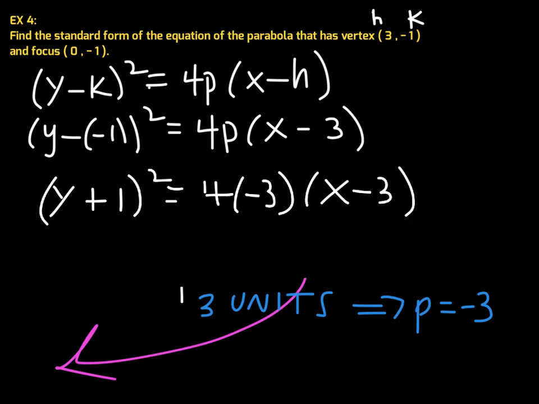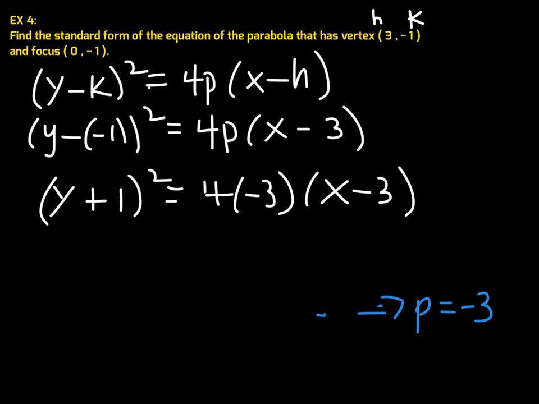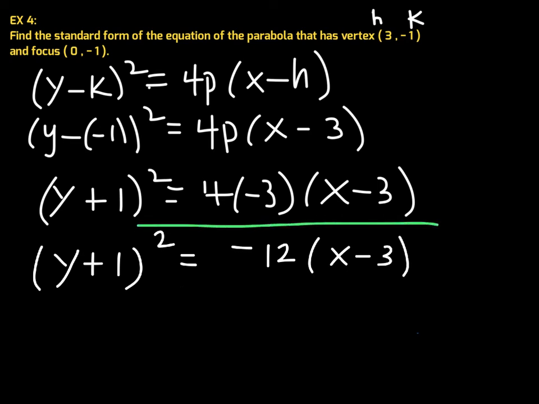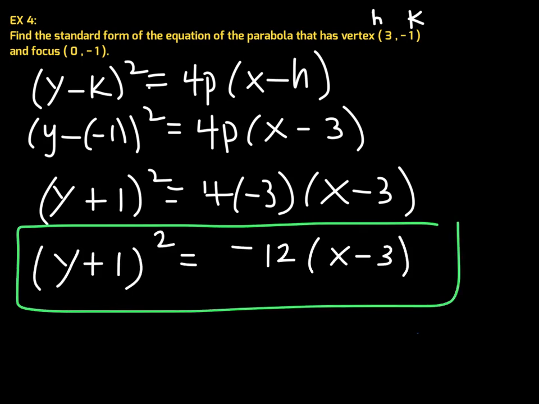Okay, so then that is going to give us a standard form of, okay, good. We got y plus 1 quantity squared is equal to -12 times x minus 3. This is the standard form for the parabola that they were describing earlier. Isn't that great, you guys? We just sketched a quick picture and we figured it out from there. Cool, let's do one more like this. I think these are a lot of fun.